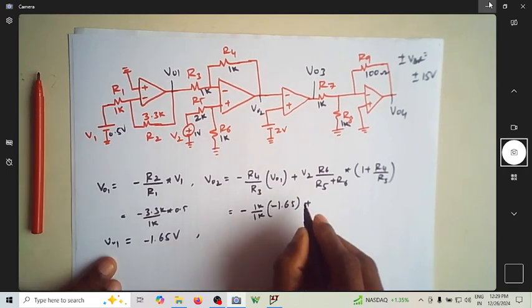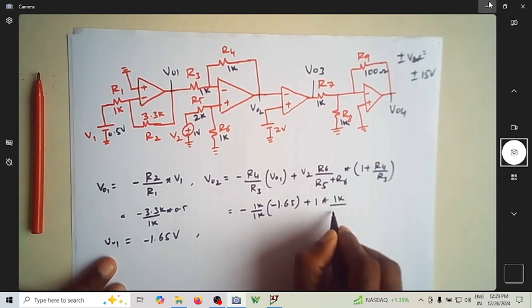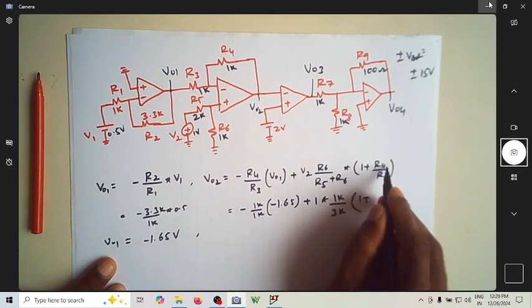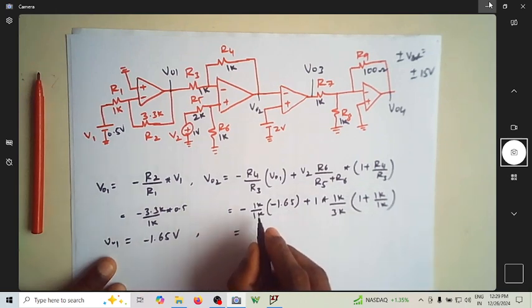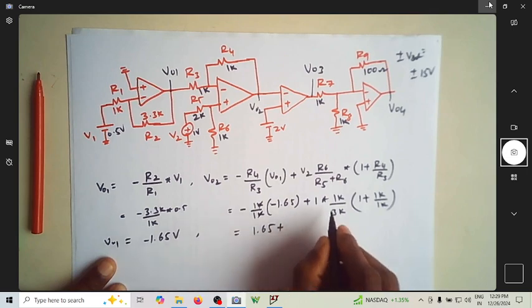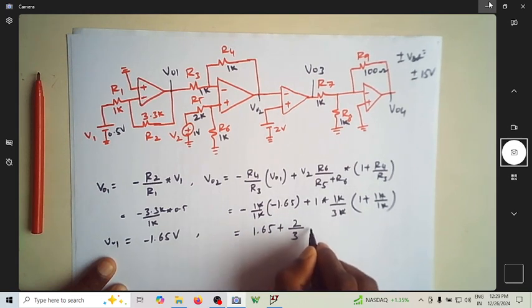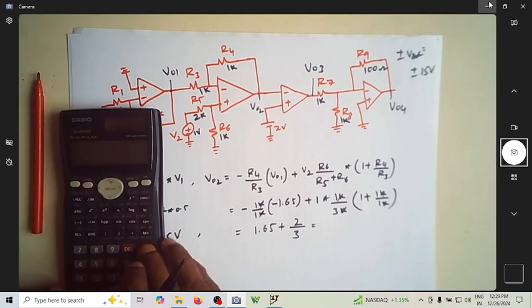So it is 1 into R6, which is 1K by 3K, multiplied by 1 plus R4 by R3, which is again 1K by 1K. If you solve all this, you end up with 2 by 3.